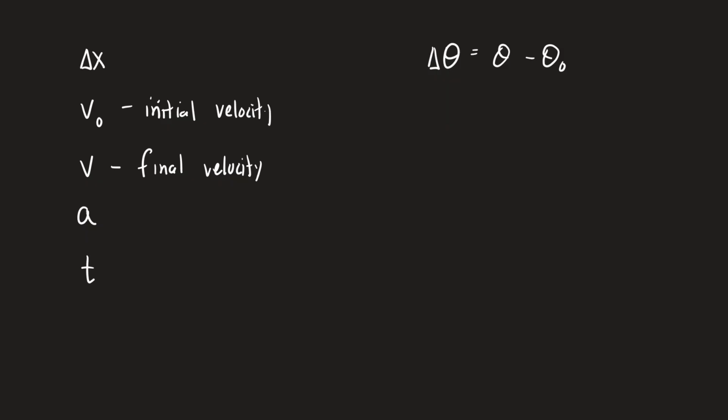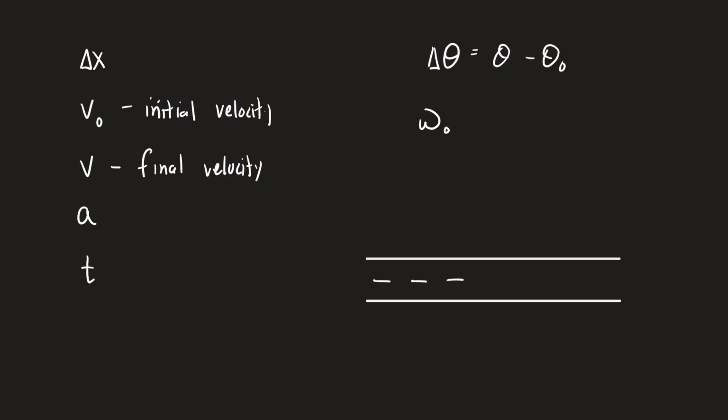So for initial velocity, we're going to have omega naught. And omega is just a lowercase letter. Let's get a look at our little elementary school lines here. Want to know what our letters look like?